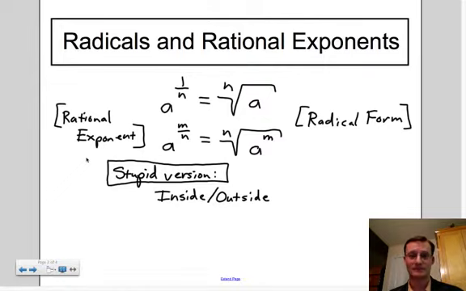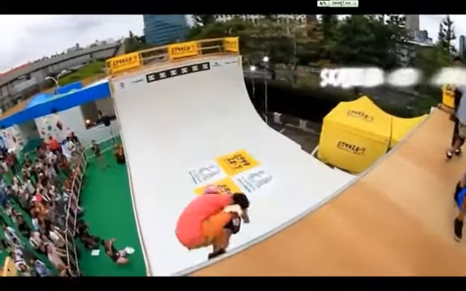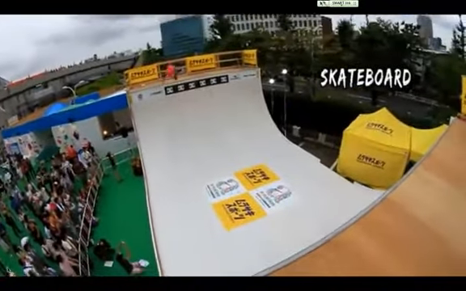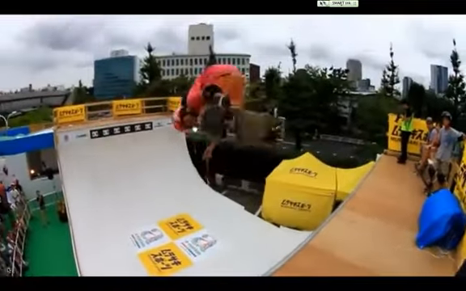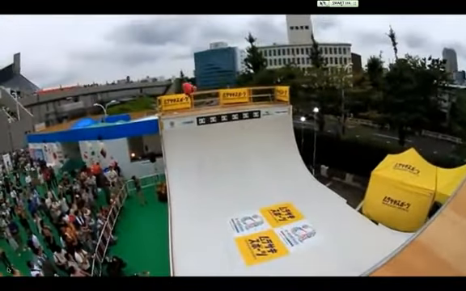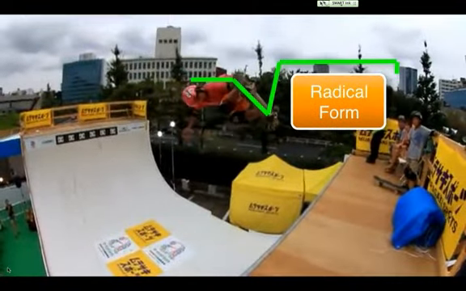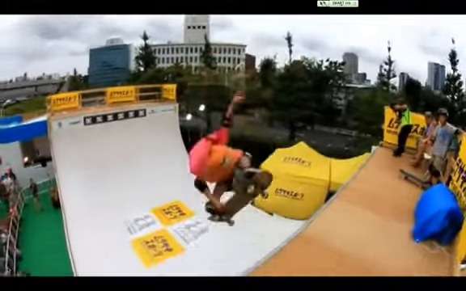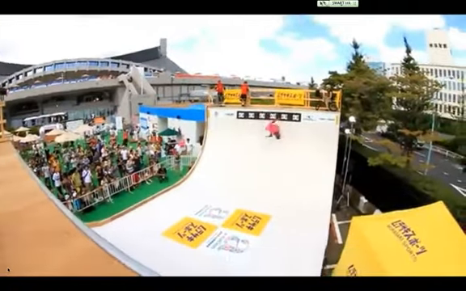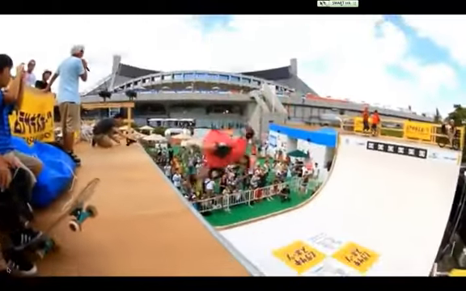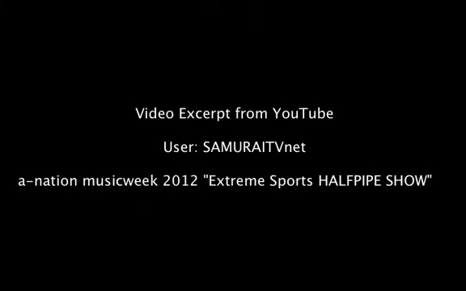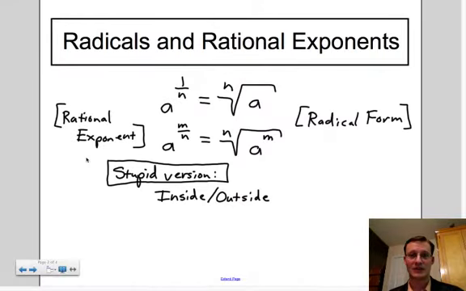Take a look at this clip. So you can see that radical form. You can just kind of visualize that skateboarder in that position for the radical form.